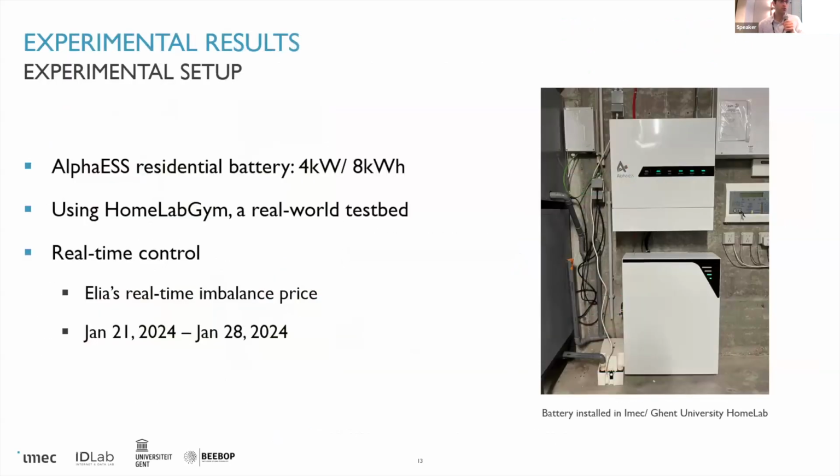And so we have everything ready. We have our safe RL policy that we can implement in the real world, or at least we can trust it. So we tried that actually, and we implemented our policy on a real world battery, which was installed in the home lab. For that, we used our home lab gym, which is a real world testbed, and we tried it.